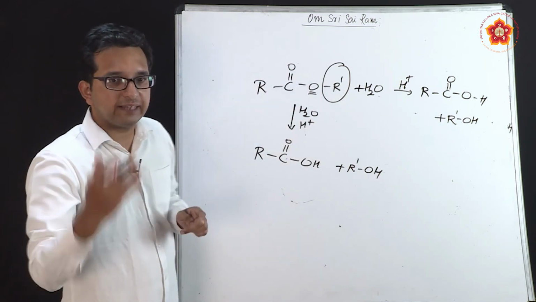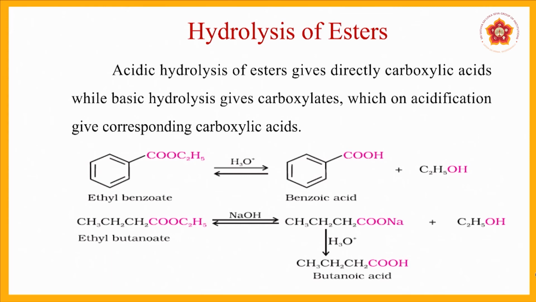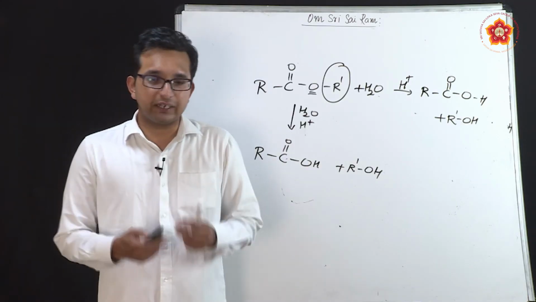In the example ethyl butanoate, the ethyl group, C2H5, is on the oxygen side, and on the other side along with the COO you have other 3 carbon atoms, totaling 4. So if we use such a butanoate compound, we tend to get butanoic acid and alcohol also. This is how various reactions of carboxylic acids are considered for our cases.